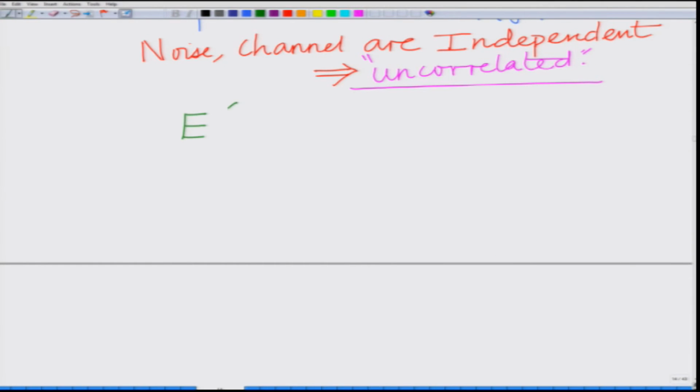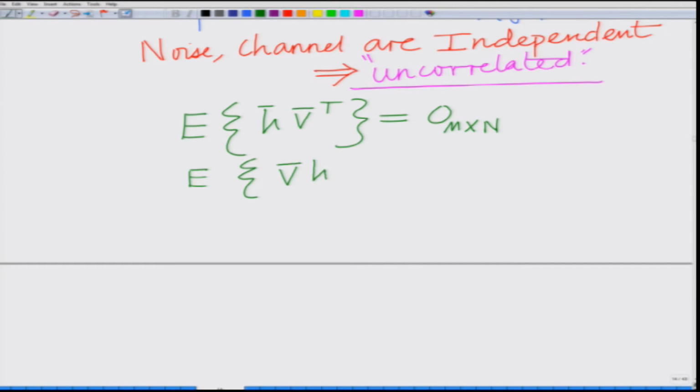Which means now, since any channel coefficient is uncorrelated with any noise sample, if I look at the expected value of h bar times V bar transpose, this is equal to 0. In fact, this will be m cross n. The expected value of V bar times h bar transpose: remember, V bar is n cross 1, h bar transpose is 1 cross m.